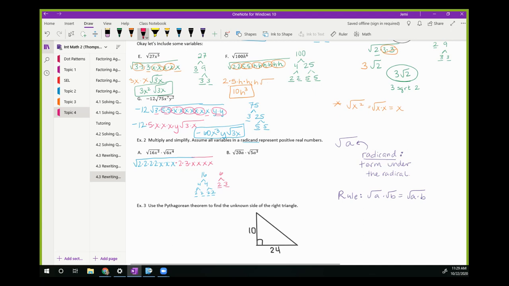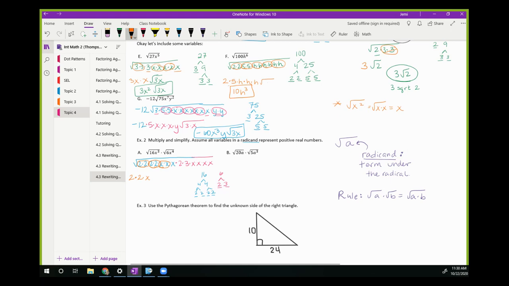I can just write them all underneath one radical. And then I go through and I look for pairs just the same. So I have 2 times 2. The square root of 4 is 2. Bring one out. I'm looking for pairs. They don't have to be next to each other. 2 times 2 gives me another perfect square. x times x gives me another perfect square.